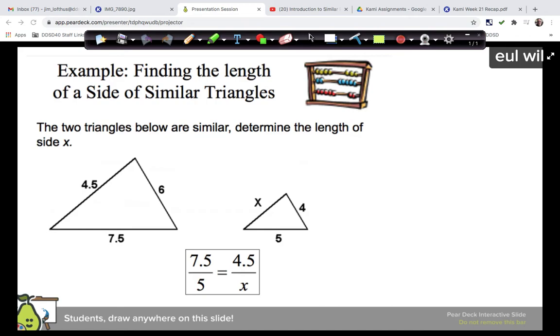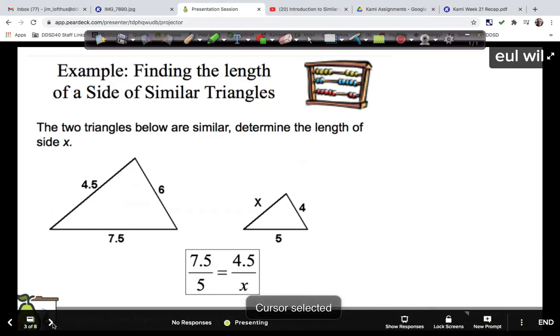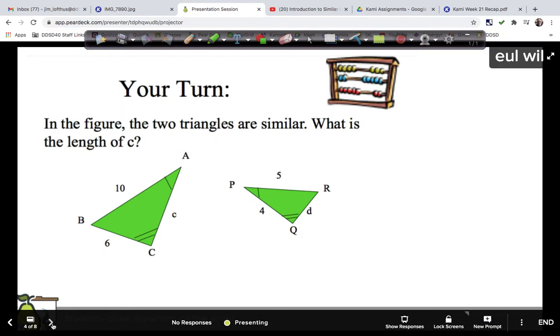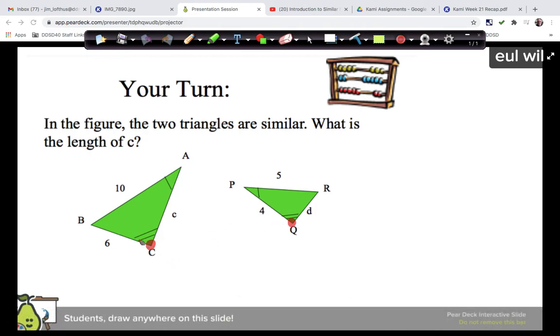And then this next one is a bit of a challenge because it's been flipped. So we start with an anchor point. These lines right here line up with those lines, so the C and the Q are corresponding. That means that the B is corresponding with the R. And let me change colors here.